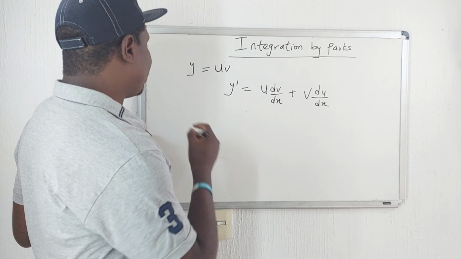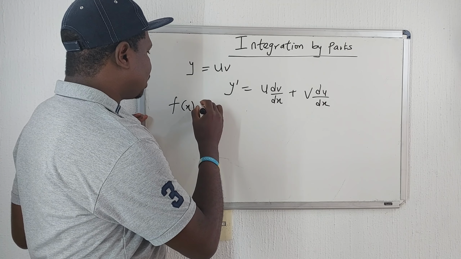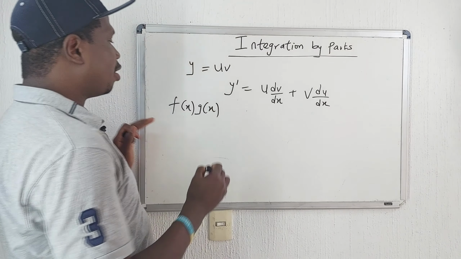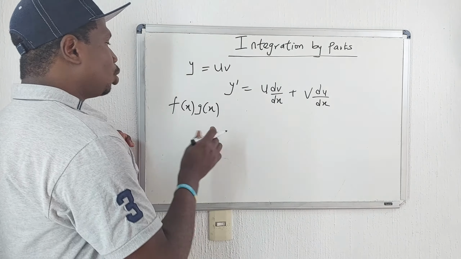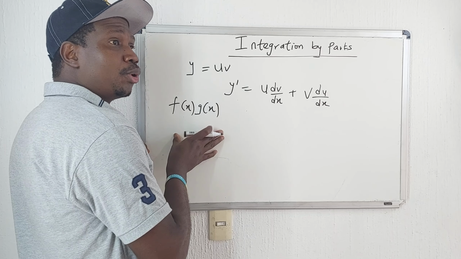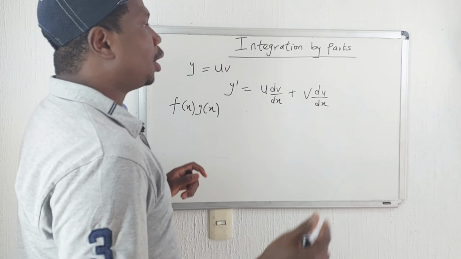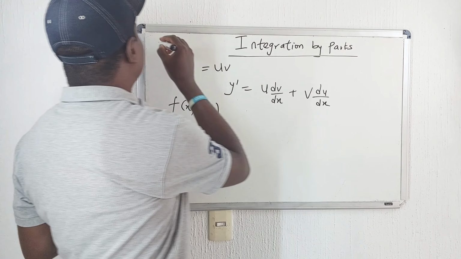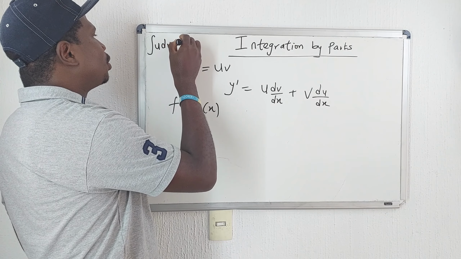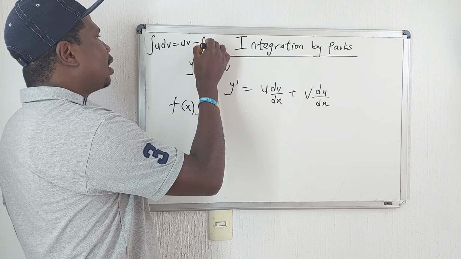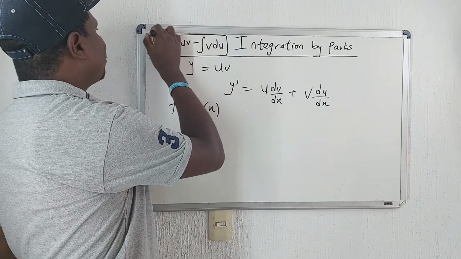Now, in the same way, if we have f a function of x and g a function of x, we're going to use the same method. We're going to use the product rule to differentiate it. We're looking at this formula, integral of u dv equals uv minus integral of v du.